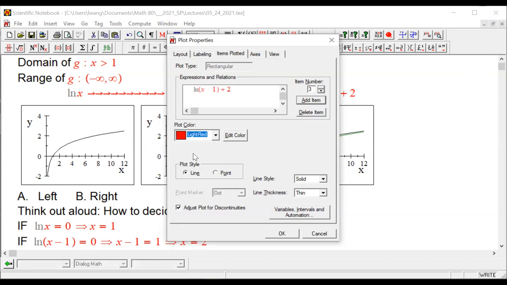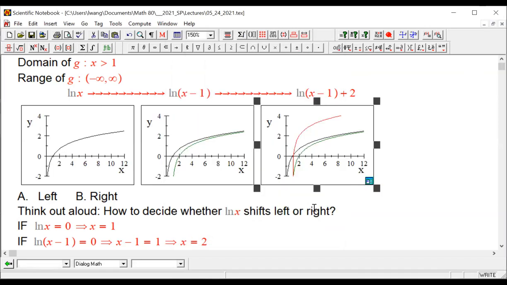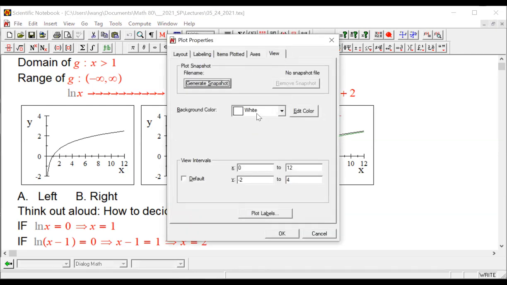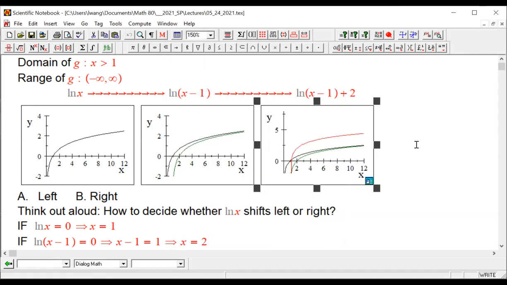So the red is shifting as a consequence of the green shifting up by 2 units. Okay, so I'm going to give you some more on the y.